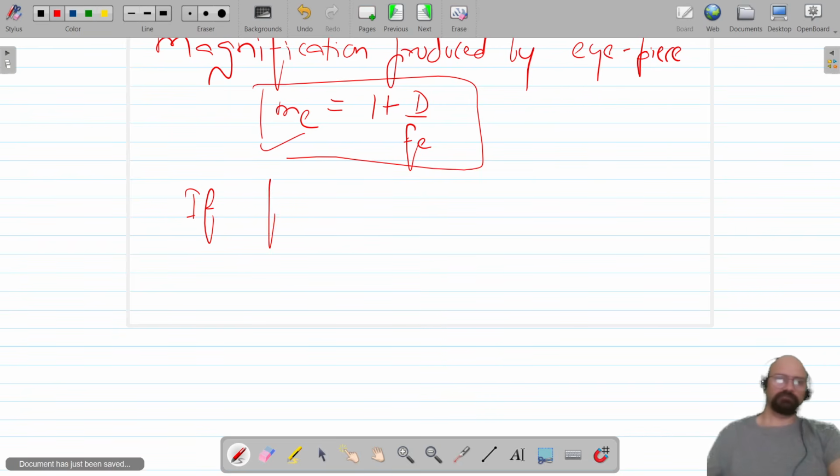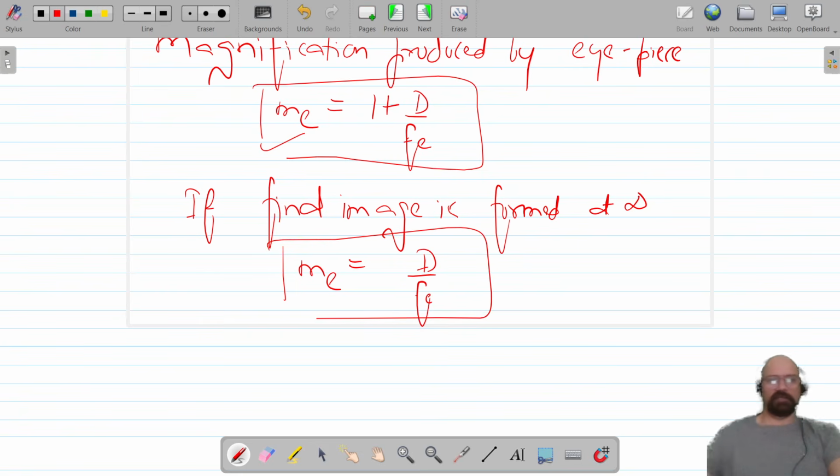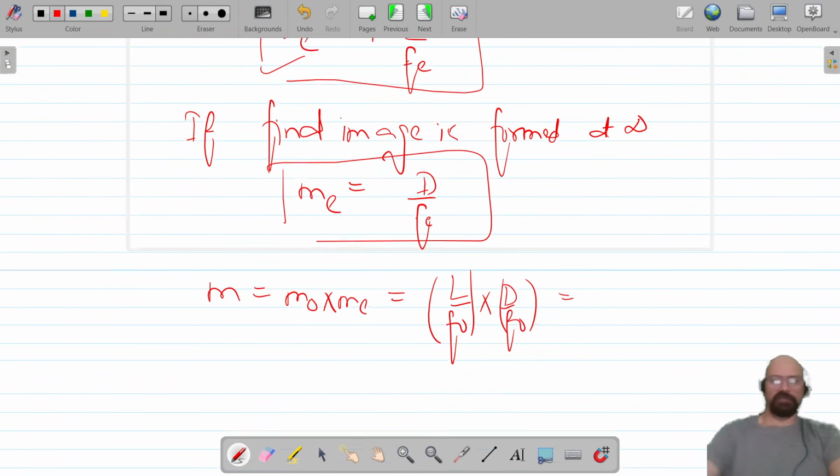If the final image is formed at infinity, so this magnification of the eyepiece lens हो जाएगी D by f e. टोटल मैग्निफिकेशन अगर हम निकाल लें, टोटल मैग्निफिकेशन आ जाएगा इन दोनों लेंसेज की मैग्निफिकेशन को आप मल्टीप्लाई कर दो तो L by f naught into D by f e, ये आपकी टोटल मैग्निफिकेशन.